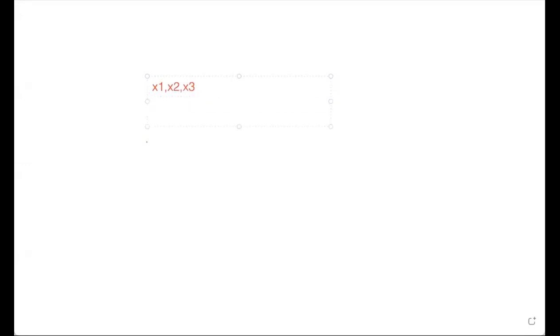Observation number 1 is 2, 3, and 4. Observation number 2 equals 3, 4, and 5, for example. Then observation number 3 equals 6, 5, and 4.